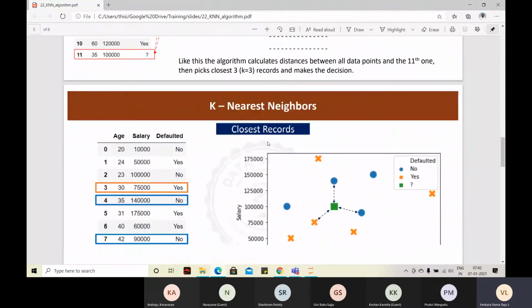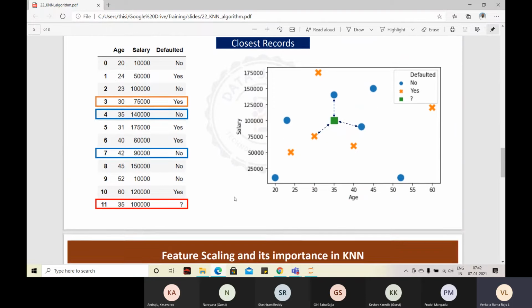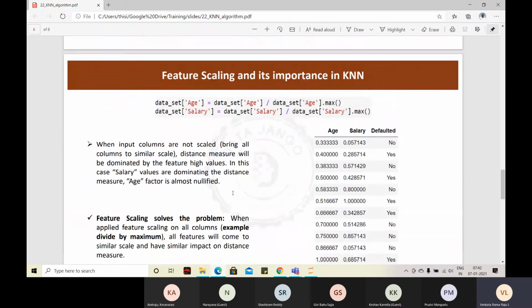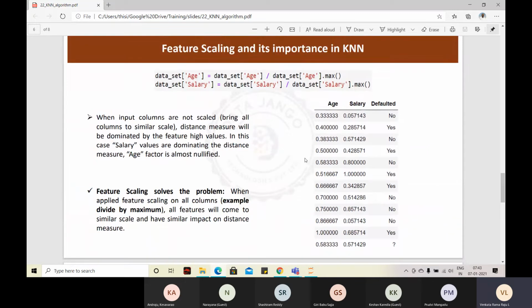To make the KNN algorithm work better, you should be doing scaling. Feature scaling is important in gradient descent, and here also, and in SVM also we'll see feature scaling is important. In deep learning it is all going to be gradient descent, so feature scaling is definitely important. That's why I said you need to understand feature scaling.